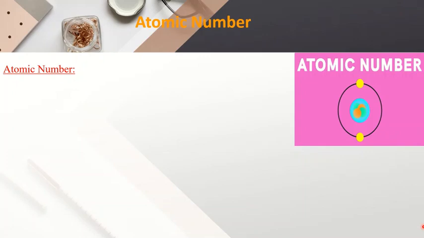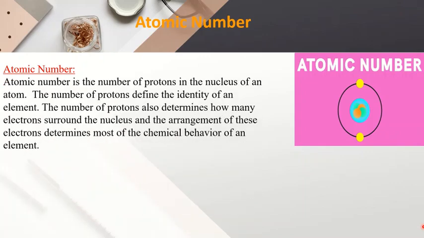And you know electron number, by using electron, the electronic arrangement or electronic distribution is done. So atomic number decides many things. Atomic number is the number of protons in the nucleus of an atom. The number of protons defines the identity of an element.